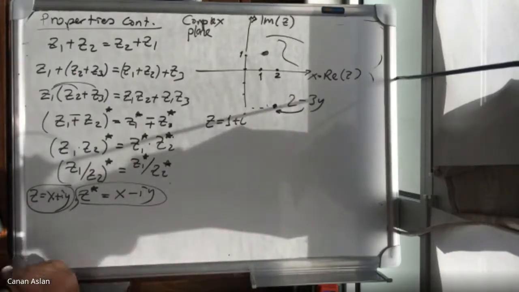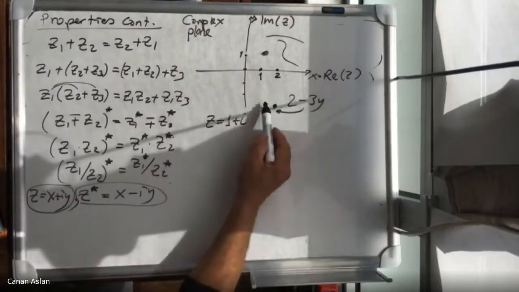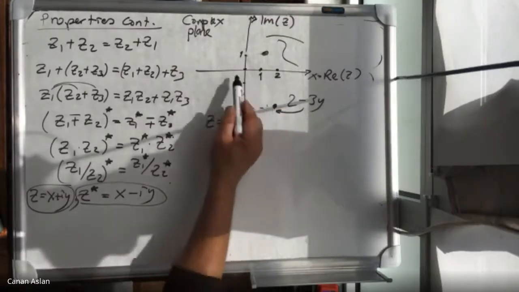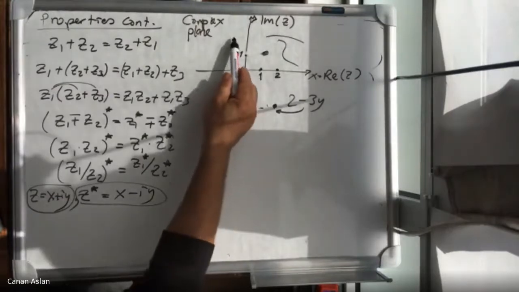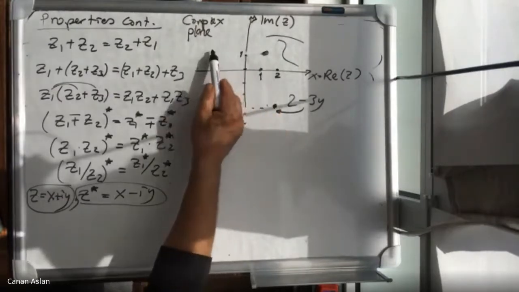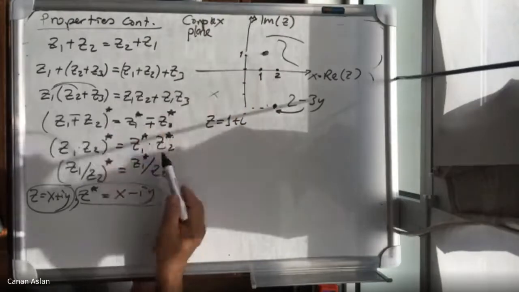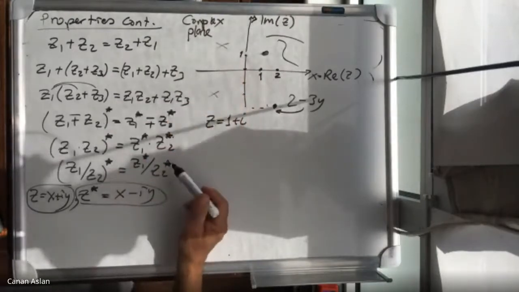So basically, the imaginary part is negative, but the real part is positive. If both of them are negative, then in this region, and if the real part is negative, but the imaginary part is positive, the point is going to be in that part of the plane.